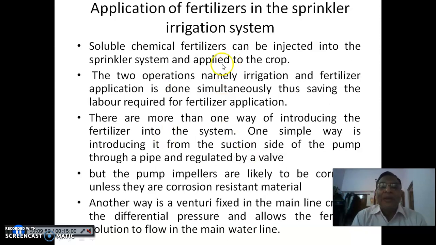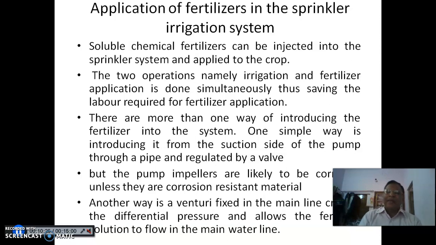So soluble chemical fertilizers can be injected into the sprinkler system and applied to the crop, which is much more efficient rather than spraying or broadcasting fertilizers in a solid form onto the land. The two operations, namely irrigation and fertilizer application, are done simultaneously, thus saving the labor required for fertilizer application.